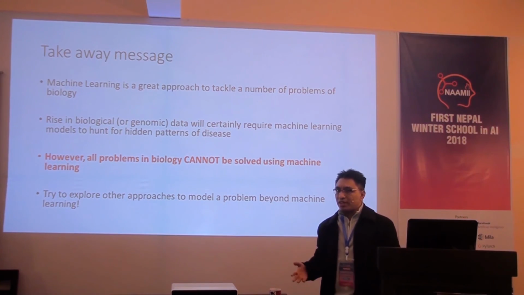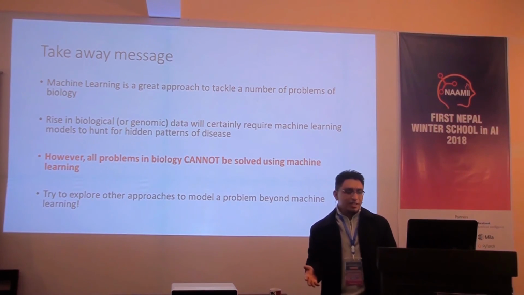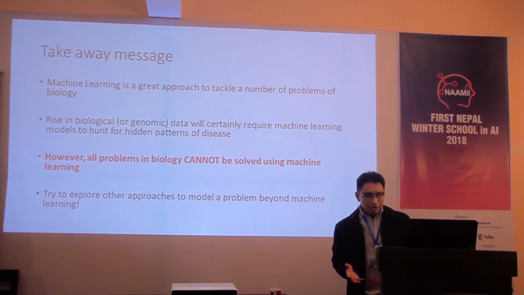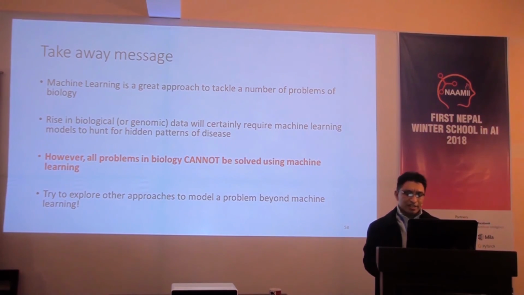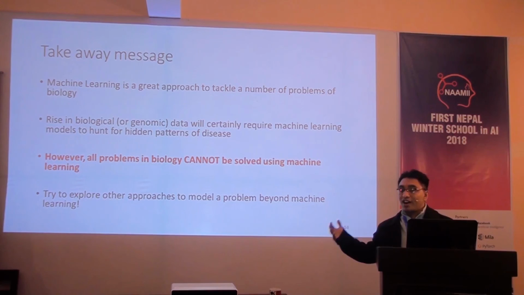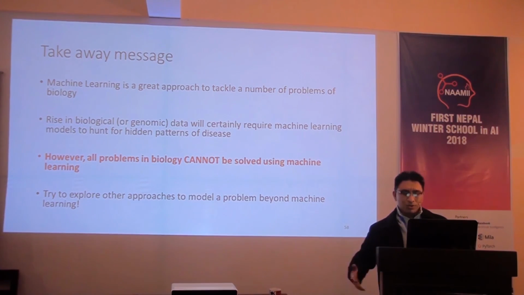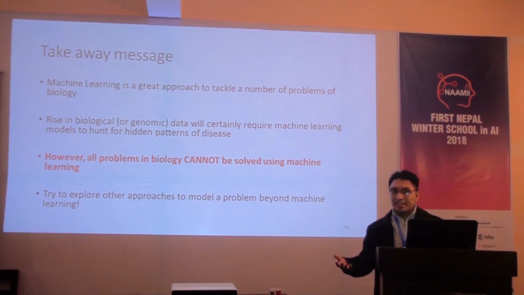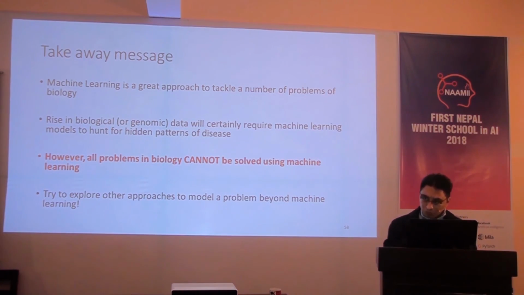And in the field of biology, there are lots of instances where we don't know the ground truth. So what I would like to suggest is that, of course, machine learning is really great, but there are lots of other tools, lots of other algorithms out there beyond machine learning that you should be exploring and integrating with the machine learning methods.